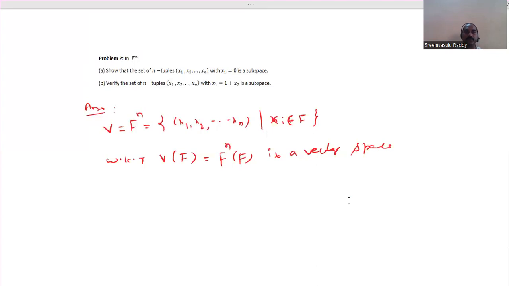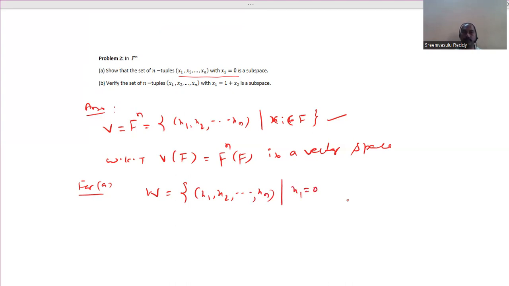So, first question. Now take a subset. Answer for A. Take W. Here the W value is this: the set of all n-tuples (x1, ..., xn) from Fn such that x1 equals 0.